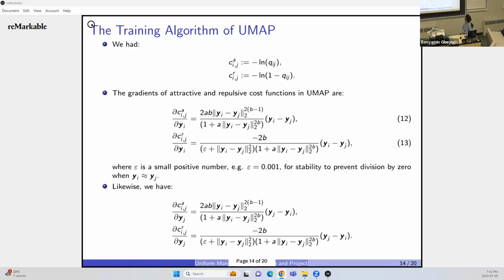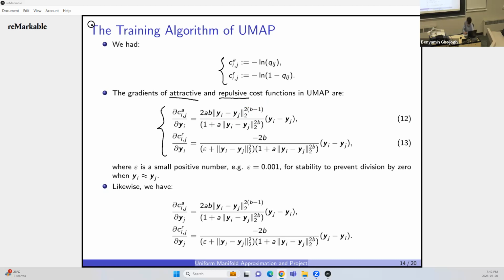Okay, so we had these two. Do you remember? These were attractive and repulsive forces. The gradients of attractive and repulsive cost functions in UMAP are these. So the derivative of Cij with respect to yi can be written as 2ab times the L2 norm of yi minus yj, their embeddings, squared, to the power of b minus 1, so to the power of 2b minus 1.